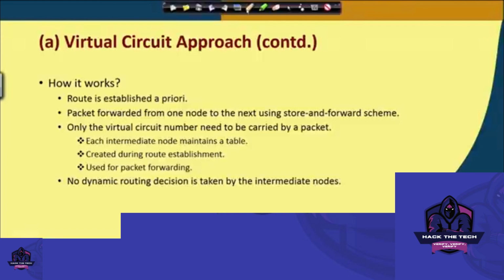Talking about some detail of how it works, as I said, in the first step for virtual circuit the route has to be established. Once a route is established, suppose a node A wants to send some data to a node H. Let us say the path is established as follows: A to a node B, B to a node E, E to H. Once this path is established, each virtual circuit will be given a virtual circuit number.